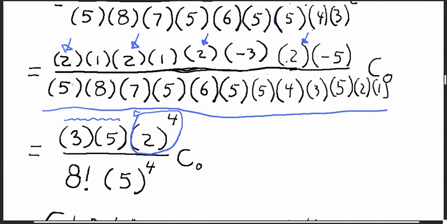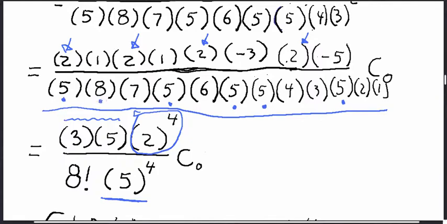Okay. Now let's look downstairs. There's, I'll circle, so there's 1, 2, 3, 4. Okay, so there's 5 5's. Okay, so 4 of them I'm writing as 5 to the 4th. But look what else we have here.